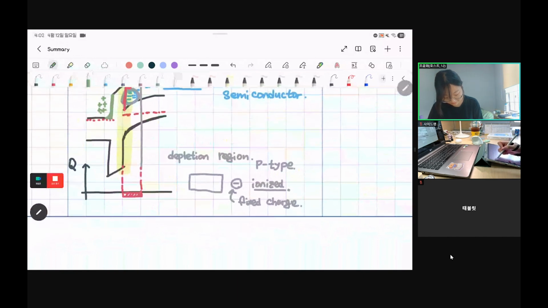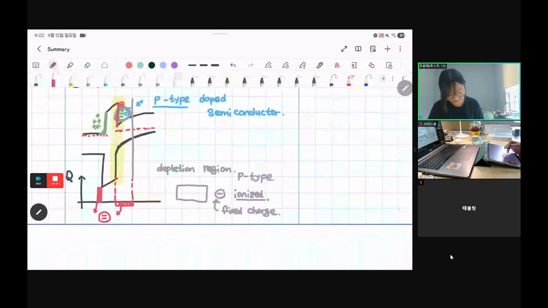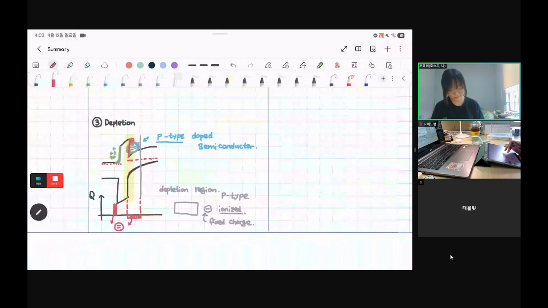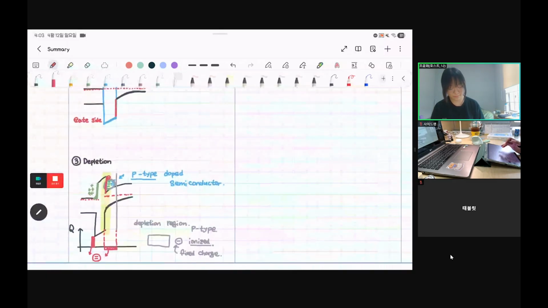So we can draw it like this. So this surface and this surface have the same charge, and the polarity is reversed. It's a depletion.